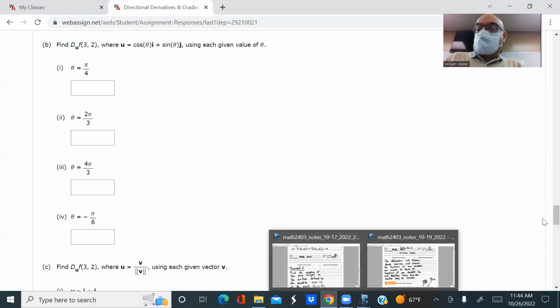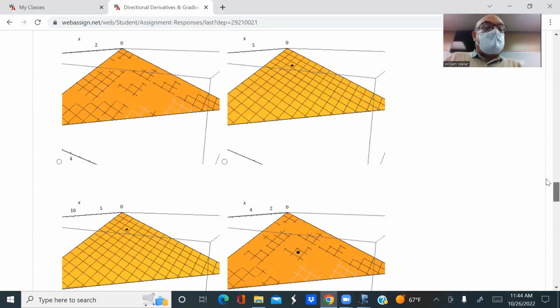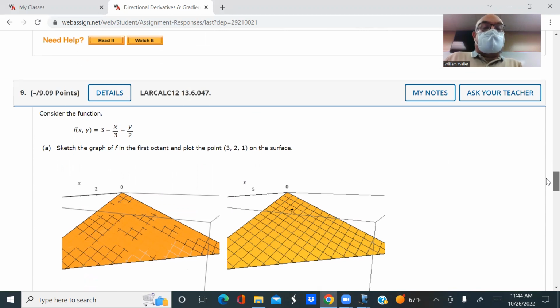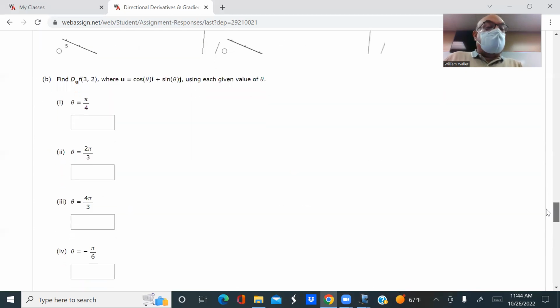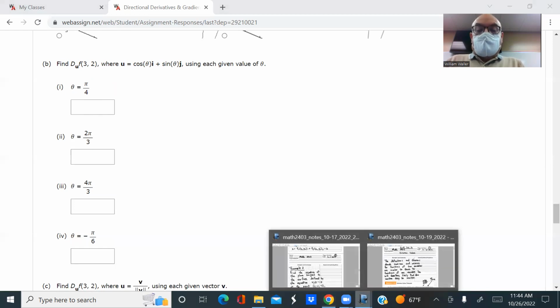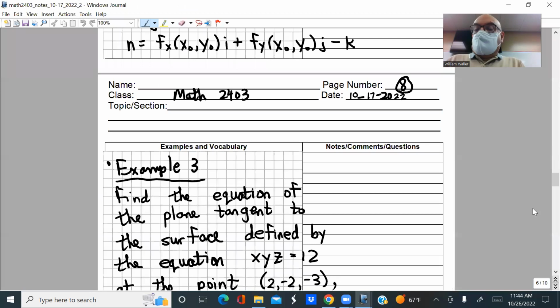Let me switch over to the notes. Y'all are going to have to help me a little bit remember things. So let's remember the formula for that function: 3 minus x over 3 minus y over 2. And let's do, just for fun, part 2, where theta, the direction for this vector, is 2 pi over 3.